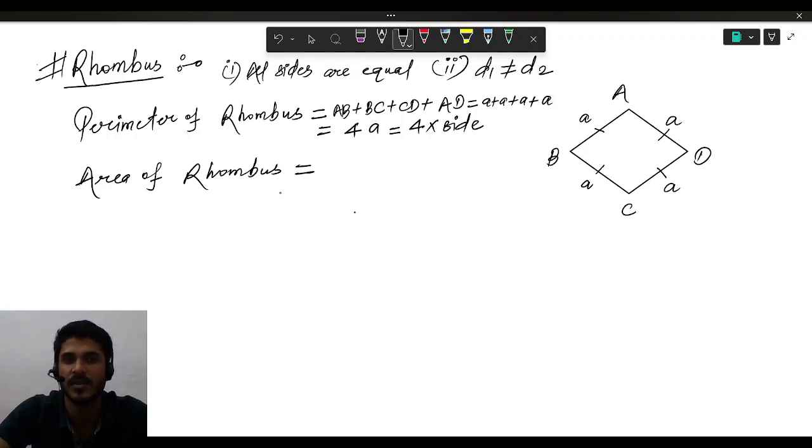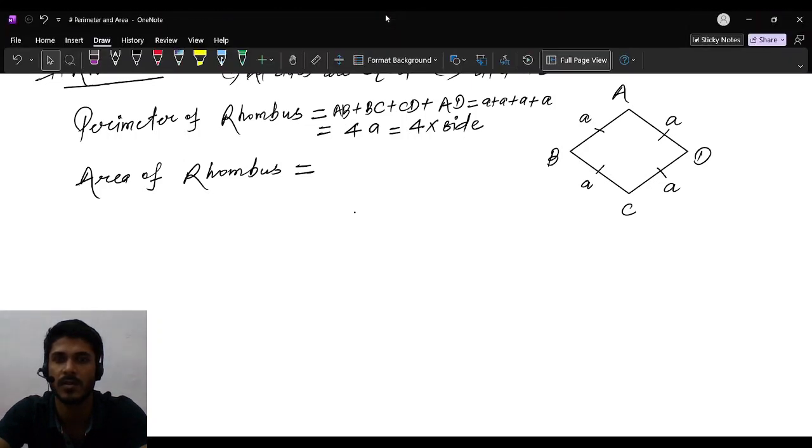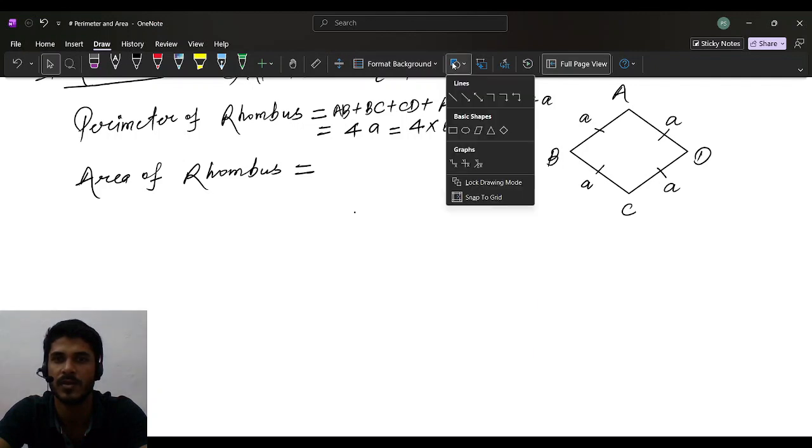And now let's cover area of rhombus. So what is area of rhombus? Area of rhombus is basically base into height. It is simply base into height. So let me first of all draw a perpendicular over here. Let me draw a line perpendicular to it.